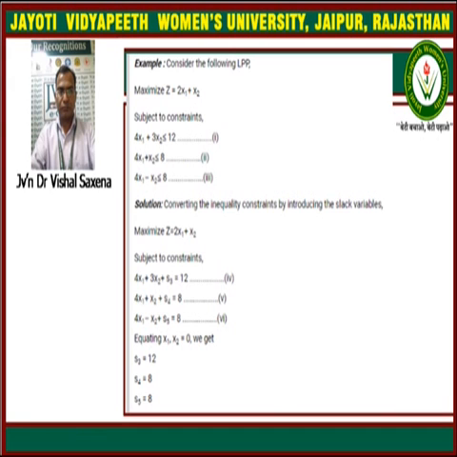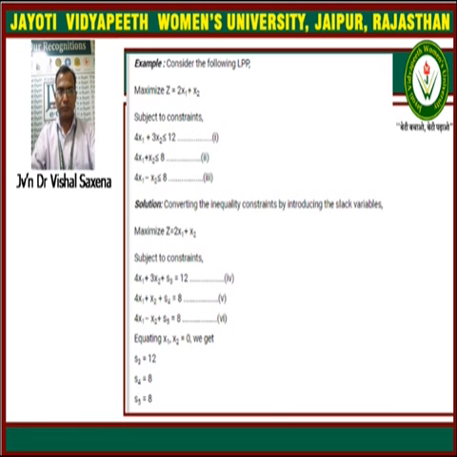The objective function is already of maximization type, so we need not change it, but the three constraints are given with inequality signs, so we have to convert these inequalities into equalities using the slack variables S3, S4 and S5.